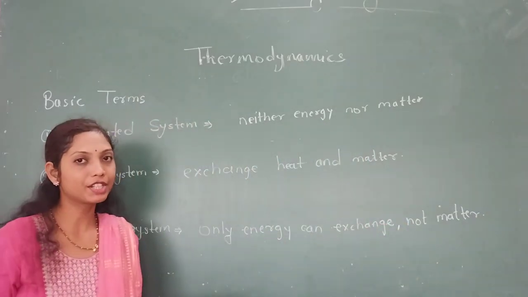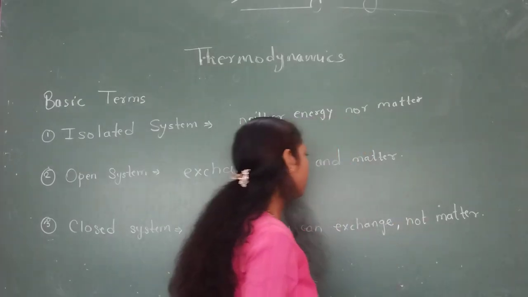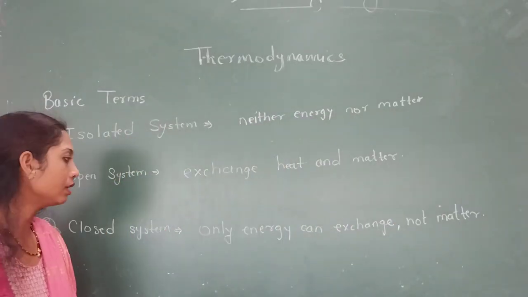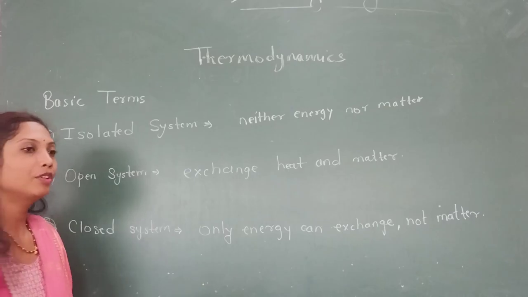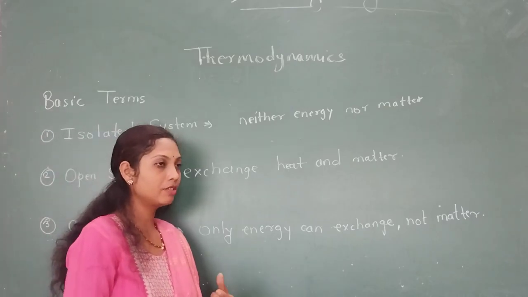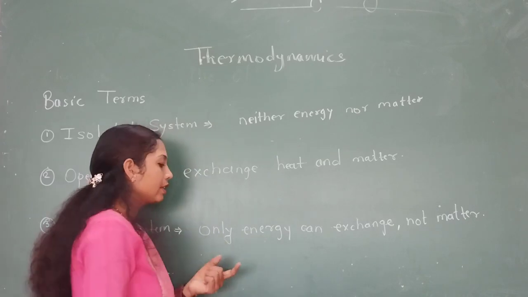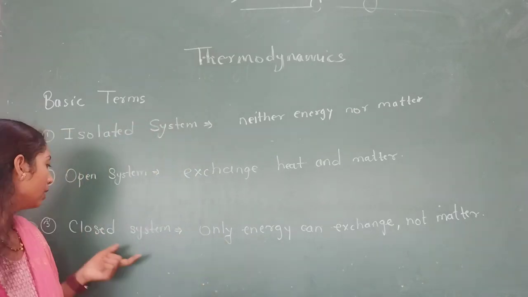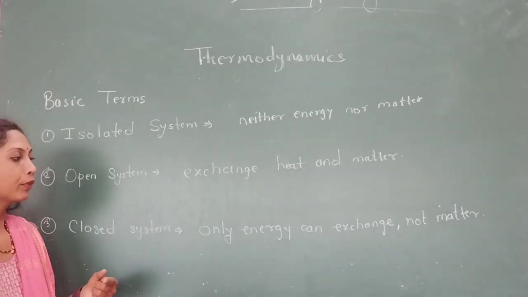Only energy can exchange with surrounding, but matter not. Matter will not exchange in this, only energy will exchange. For example, if we carry out a reaction in a closed vessel, then such type of reactions are in the closed systems. Okay.